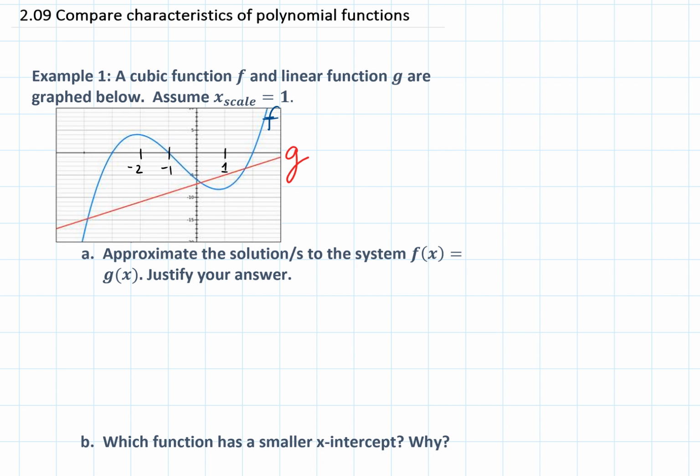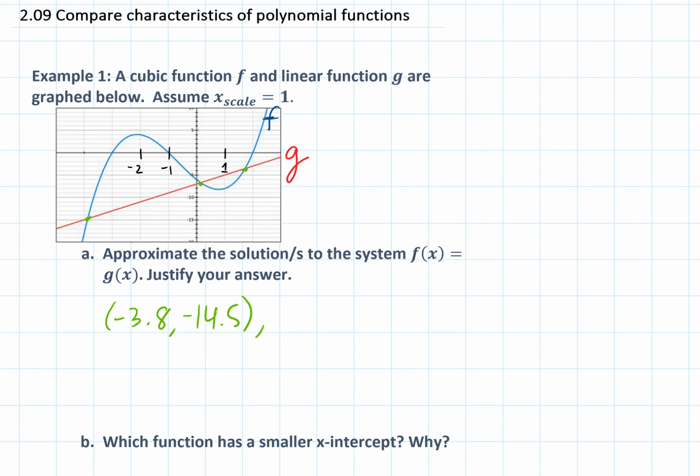Approximate the solutions to the system f of x equals g of x. Well, the solutions to a system of equations are where the two equations on the same graph intersect, so the solutions would be here, here, and here. So this would be about -3.8, not quite all the way to -4, maybe -14.5.